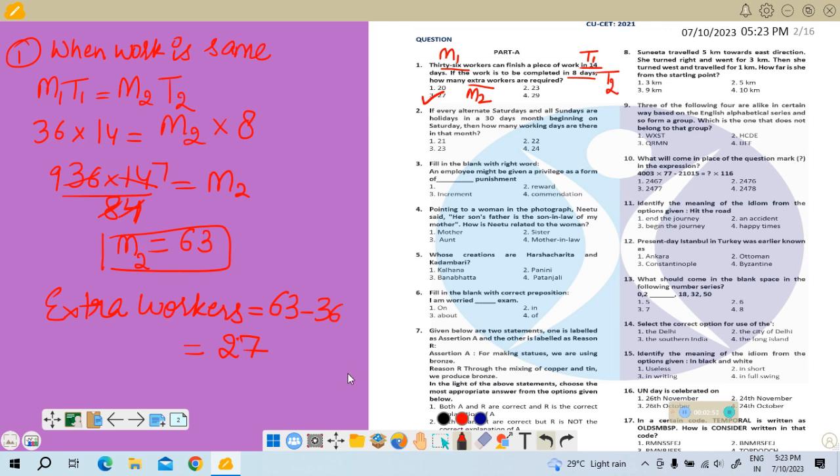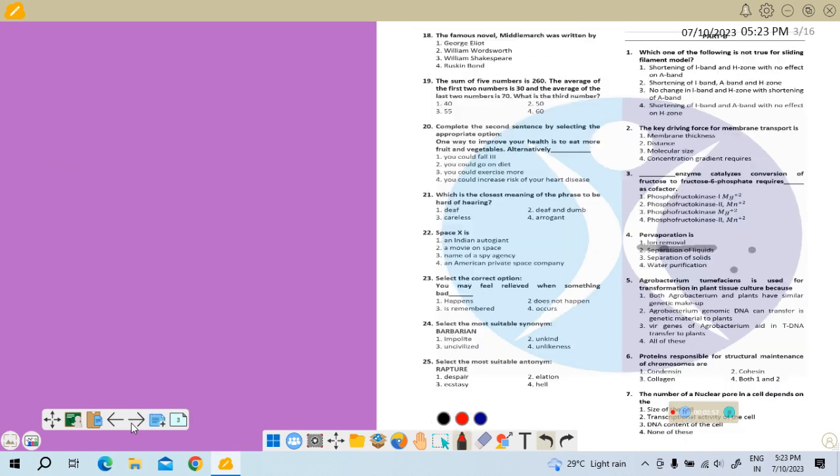Okay, part A. Now let's do some science-based questions. So this is part B. In part B, second question: the key driving force for membrane transport is membrane thickness, distance, molecular size, concentration gradient.